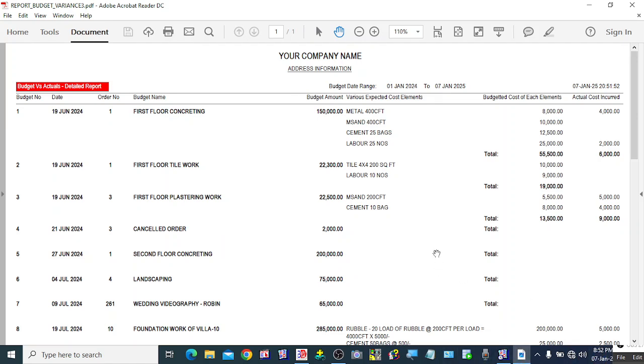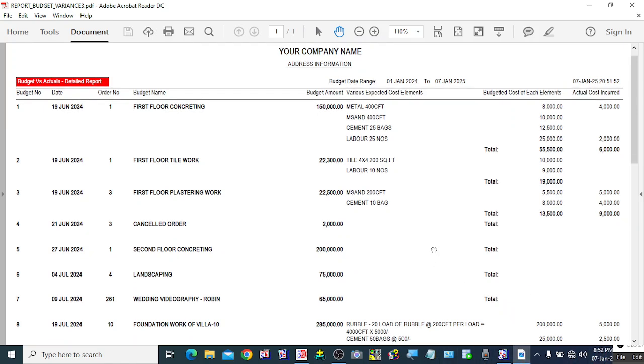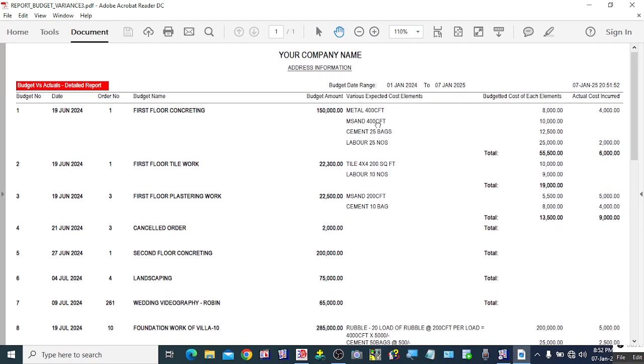Suppose we are in the business of construction, or we are a construction company, or a contracting company, and assume that we are making a villa project. For the first floor concreting, we have created a budget and we have set a budget value.